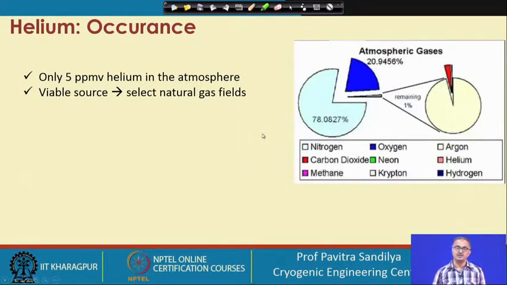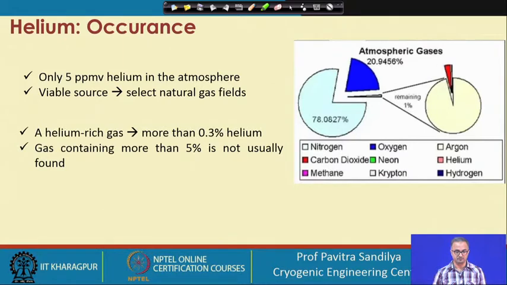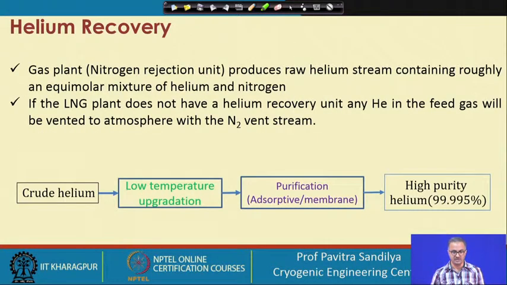That is why atmospheric air is not a commercial source of helium. A helium rich source is supposed to have more than 0.3% helium, and the rich sources of natural gas have about 5% helium, which is considered to be a commercial reserve for helium gas.